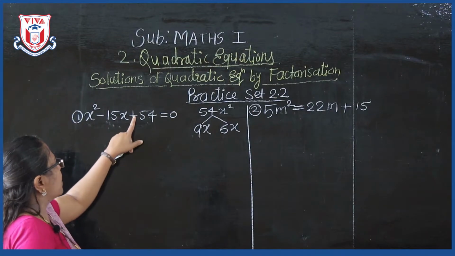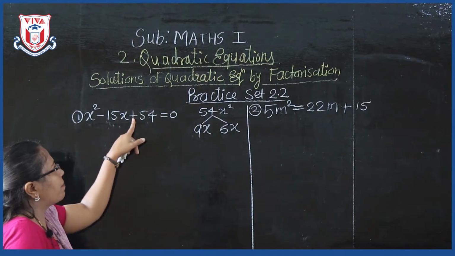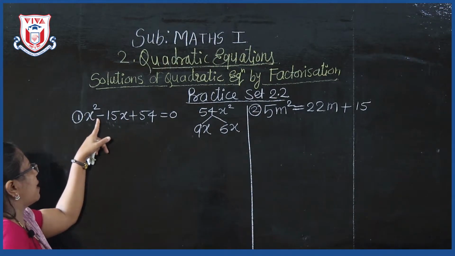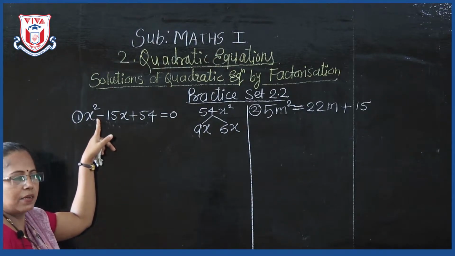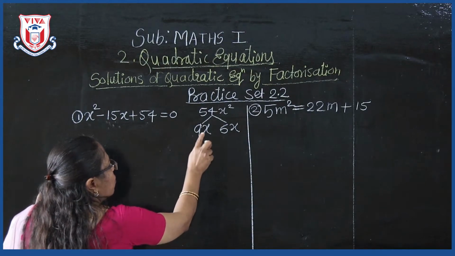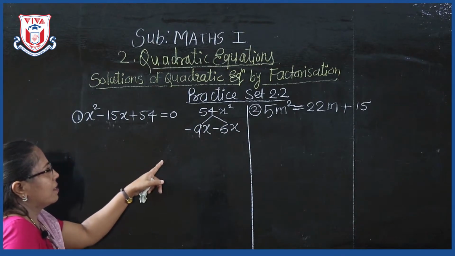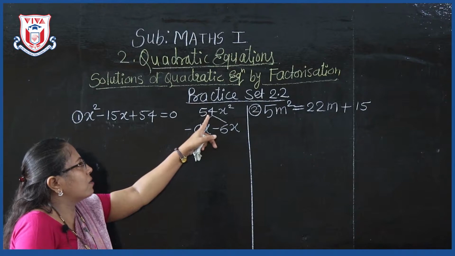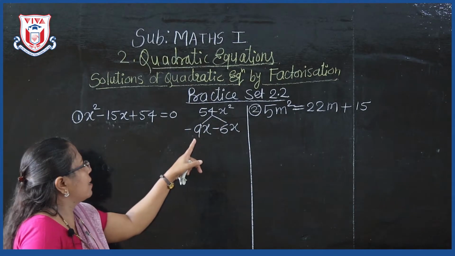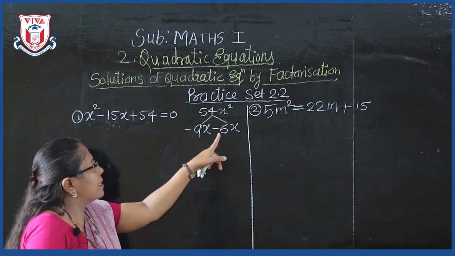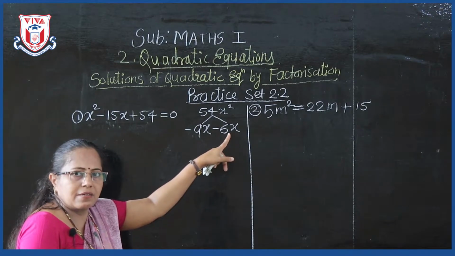Now student, here the product has a plus sign and the addition has a minus sign. So both the factors will contain a minus sign. So you will get the factors of 54x square as minus 9x and minus 6x.